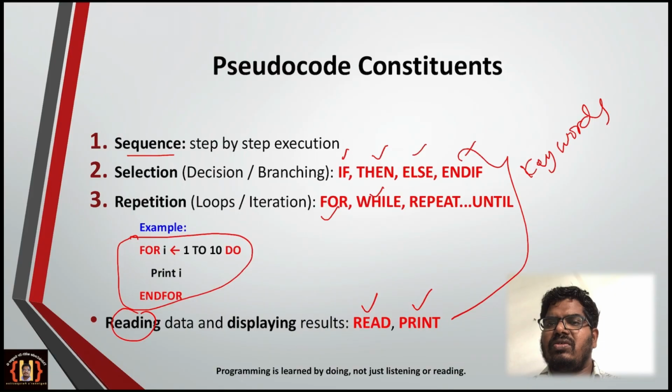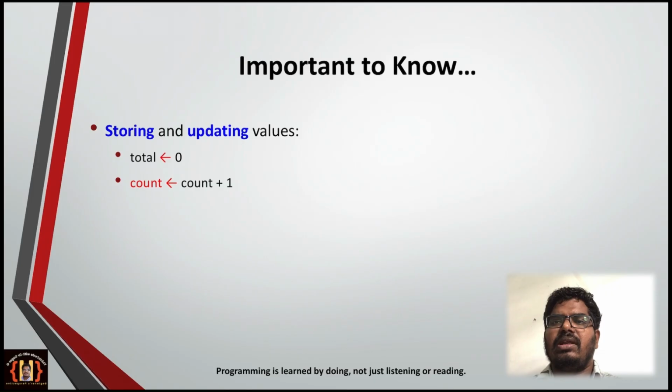So when I say pseudocode, what is a pseudocode? It's basically an algorithmic, code-like structure used to represent the algorithm. This is very important to know, in terms of the computing environment. These are the two operations you can see here: total equals 0, and count equals count plus 1.